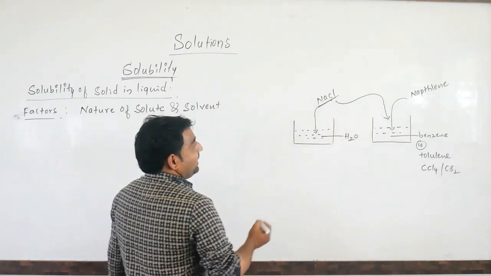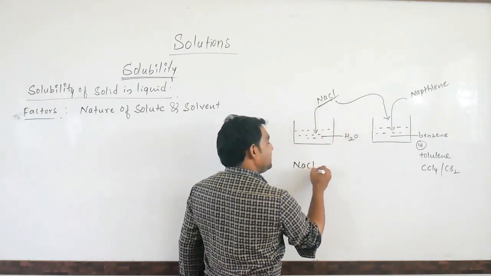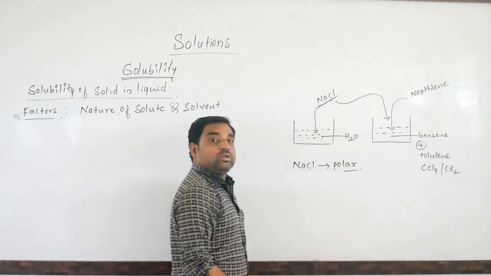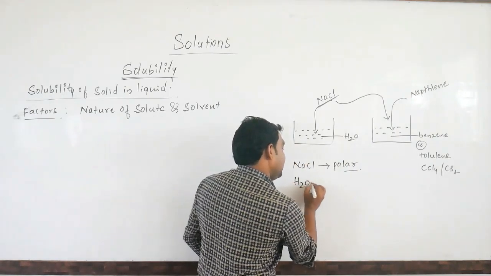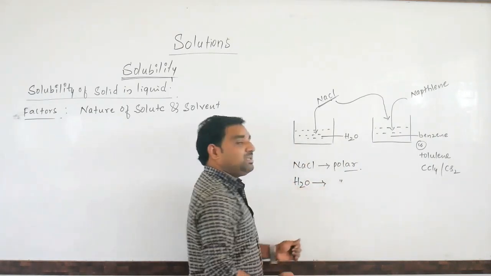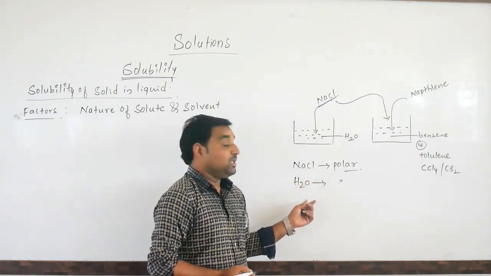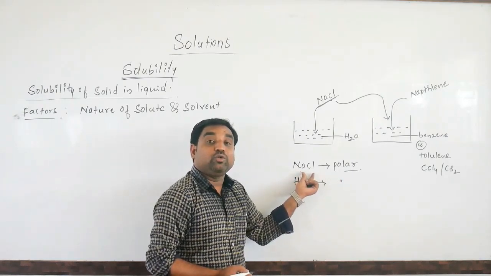Here sodium chloride is dissolved in the water, because sodium chloride is a polar molecule, and H2O is also polar. What is the meaning of polar? Pole means charge. Why will the charge be created in sodium chloride and H2O? Because of the difference in the electronegativity between the two atoms.